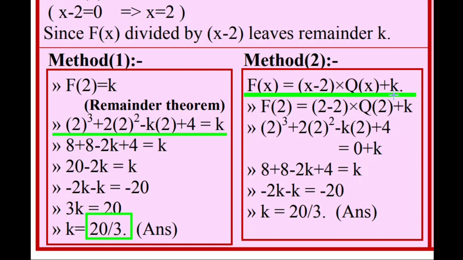Now we simplify this, because x is replaced with 2, the whole equation gets converted to an equation in terms of k, and we simplify and get the value of k, 20 by 3.